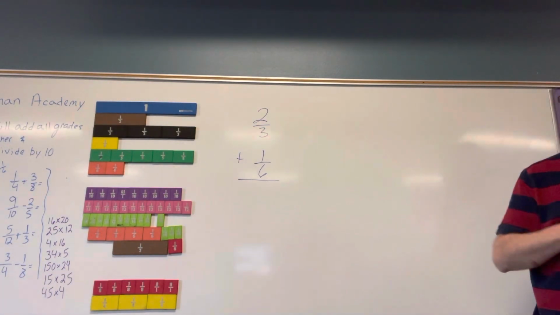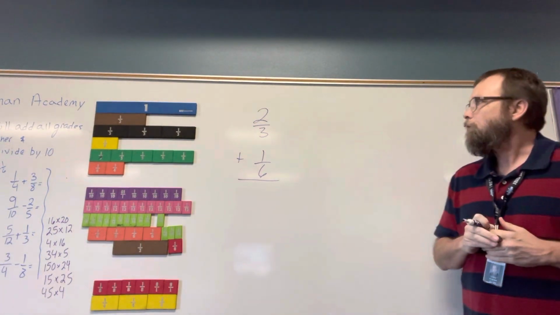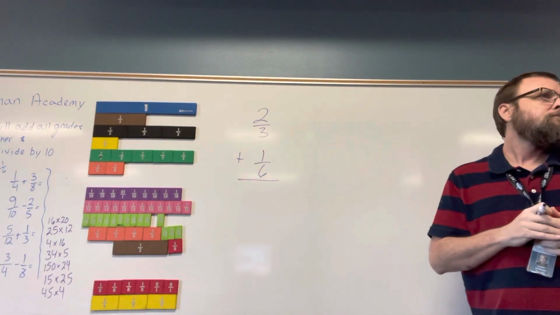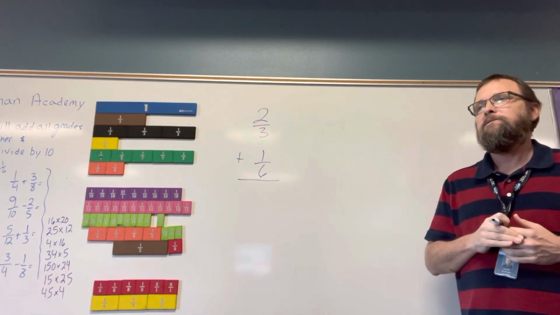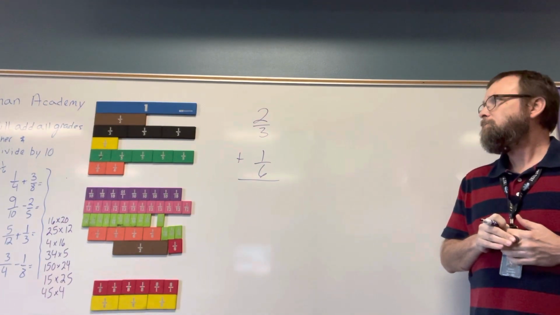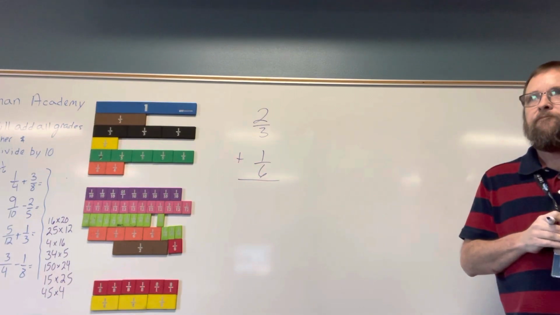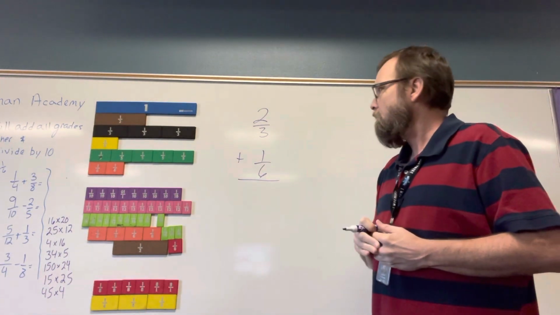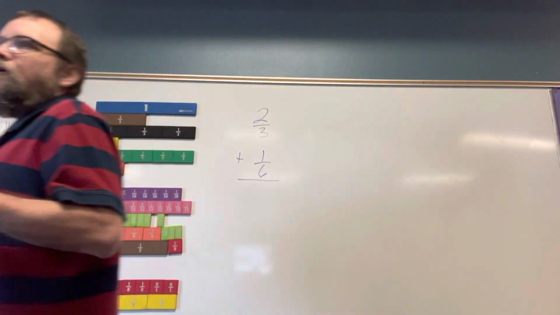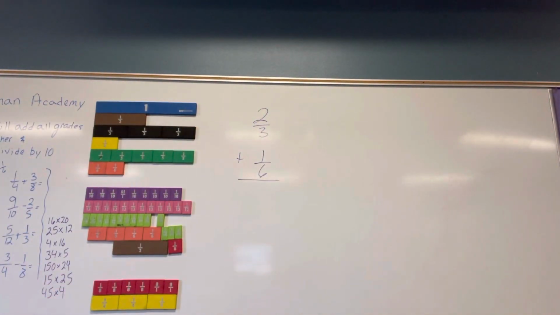Caitlin? No, you can't. Why can't I, Caitlin? Because it's 1/6 and 2/3. We have to have the same denominator in order to add and subtract fractions.